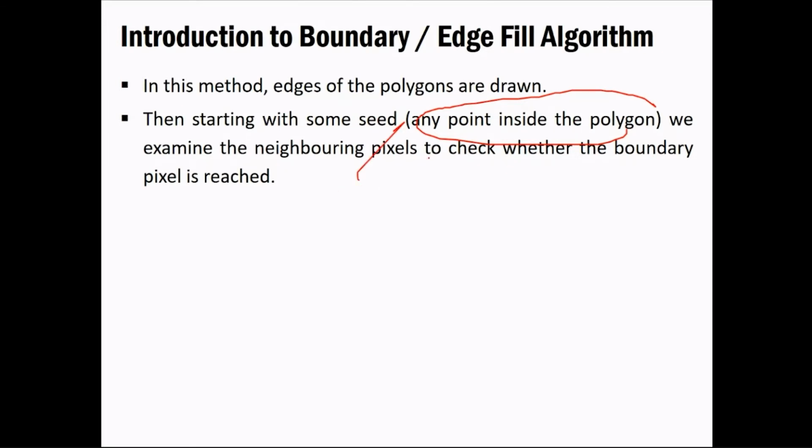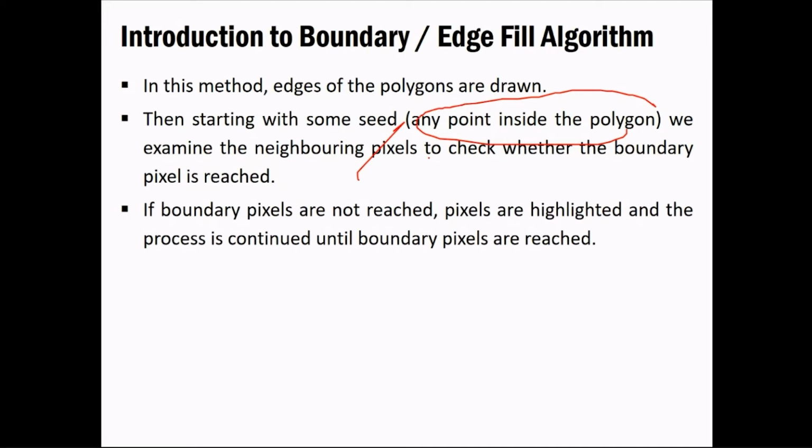So we go inside the particular shape, choose one random seed, and check the boundary pixels, that is, you have to check the color of the boundary.